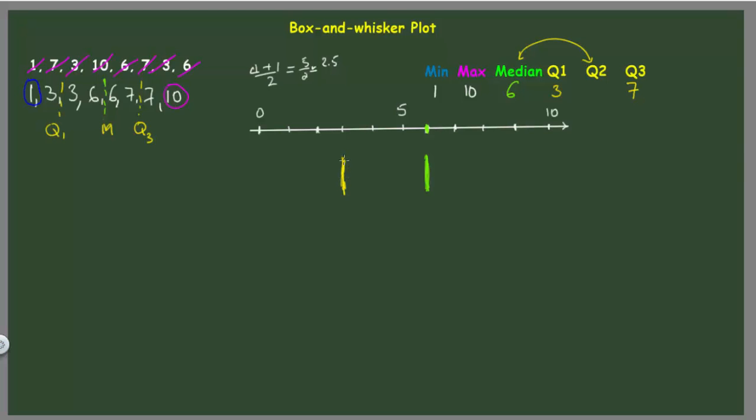The third quartile, I mean, this is the second quartile. The third quartile is 7. 6, 7 right here. Now we can put the maximum and minimum values right here. The minimum is 1 here, and the maximum is 10.